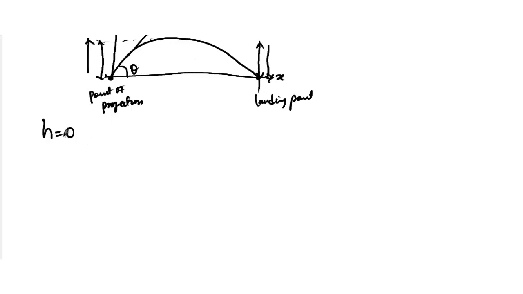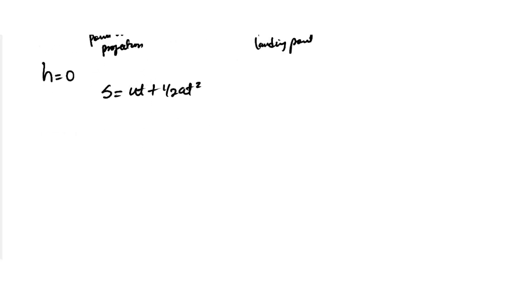So we are going to be using one of the Suvat equations: s = ut + half at squared. And since the body is projected vertically upward, we can transform this equation to h = u_y t - half g t squared.